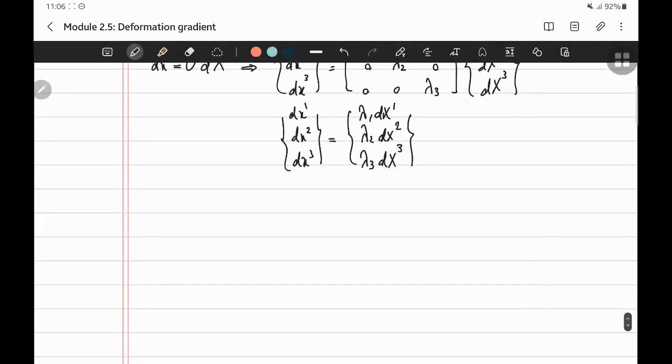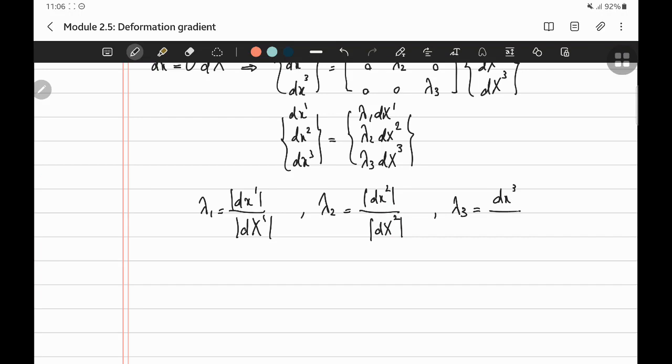Therefore, you can see that lambda 1 is basically dx1 divided by dX1, lambda 2 is dx2 divided by dX2, and lambda 3 is dx3 divided by dX3. And now you can see how your particle in the reference configuration is basically stretching in the current configuration.